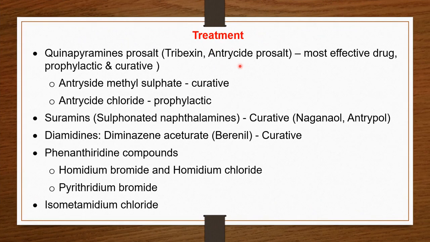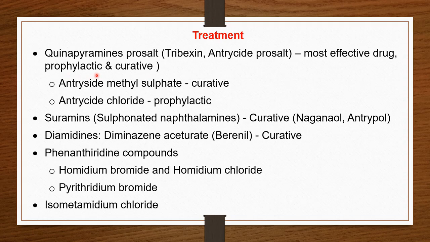Treatment: quinapyramine prosalt. Examples are Tribexine or Antracide prosalt. This is the most effective drug, and this drug is prophylactic as well as curative. It gives prophylaxis for about 5-6 months.